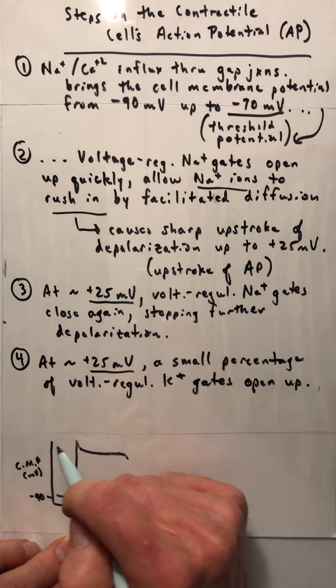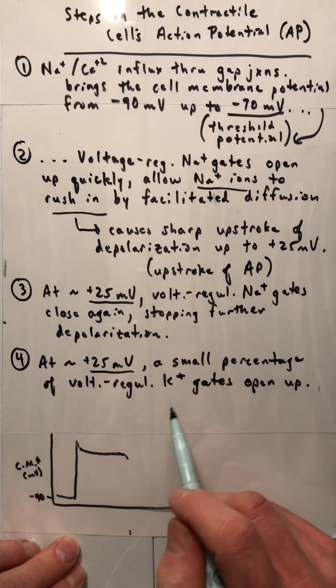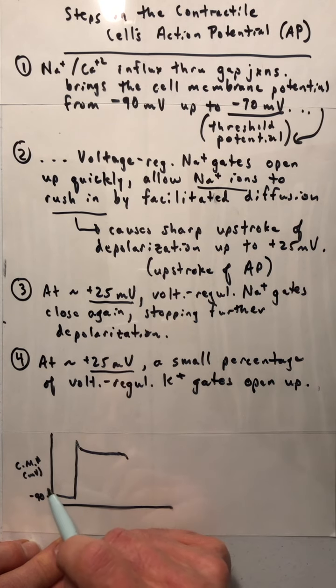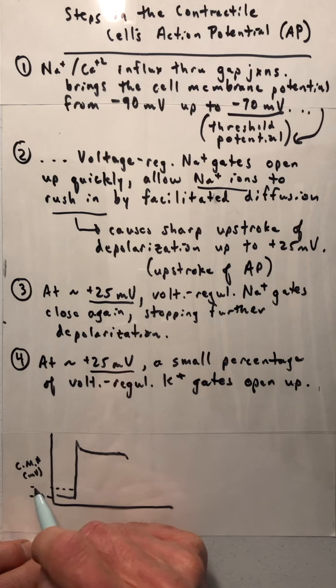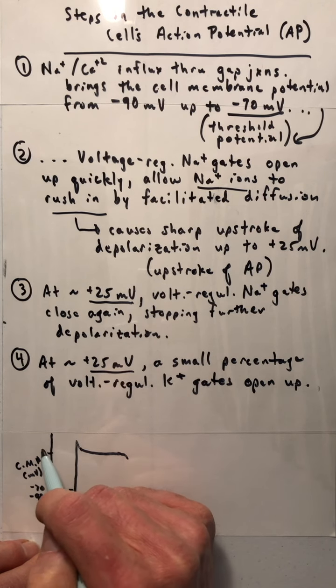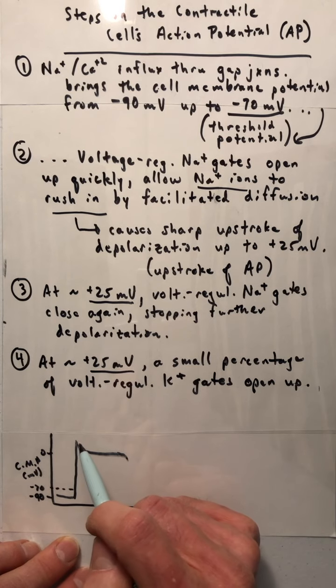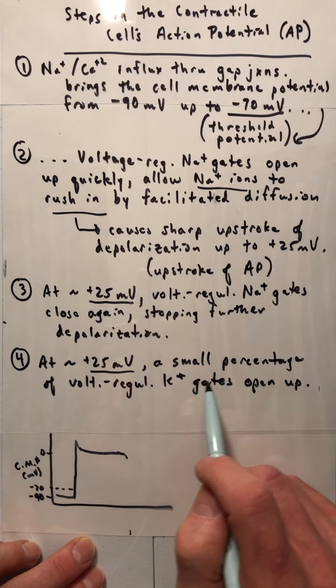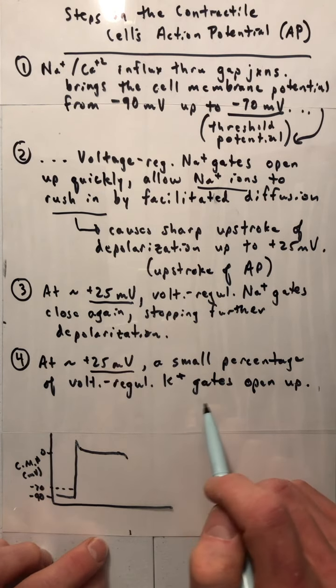So we don't get all the way up to plus 70 millivolts because those same sodium gates that opened at minus 70 close once you get up above 0. And also because once you get up above 0, a small percentage of the voltage-regulated potassium gates open up.